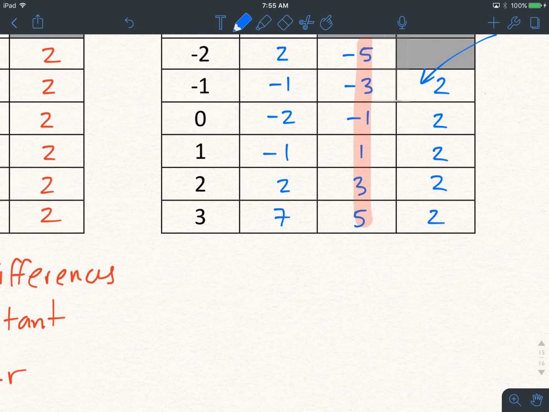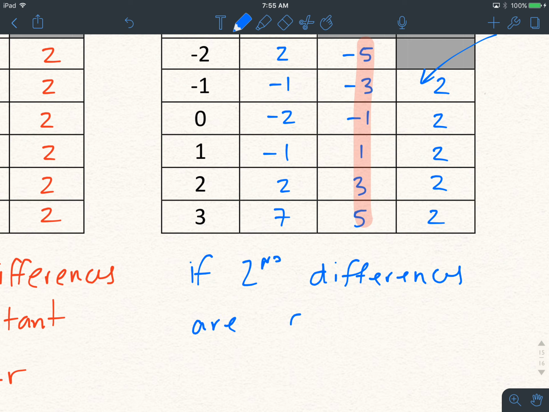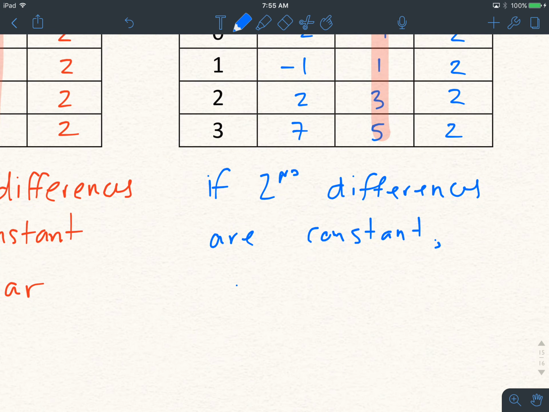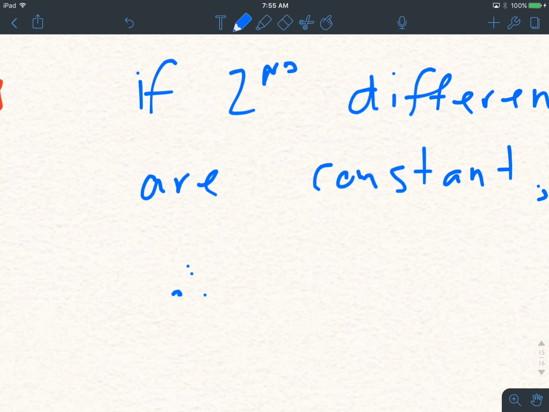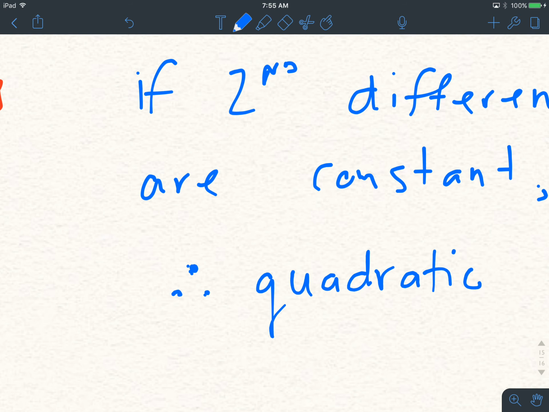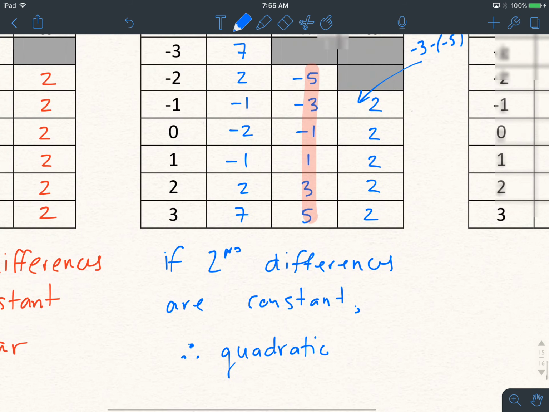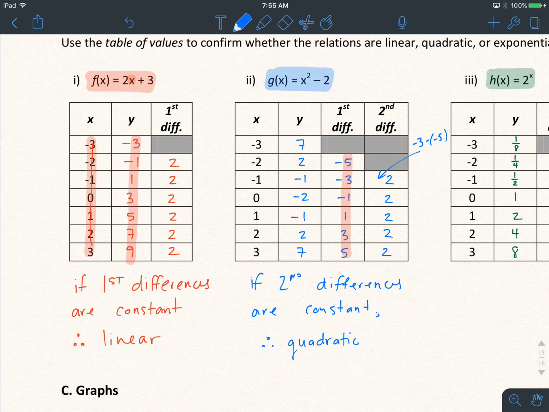So if our second differences, and again, when I use the word differences, we're talking about subtraction, if second differences are constant, therefore this is going to be quadratic. And again, that's a pull from grade 10. We know that, or should know that. When our second differences come out constant, it's going to be quadratic.